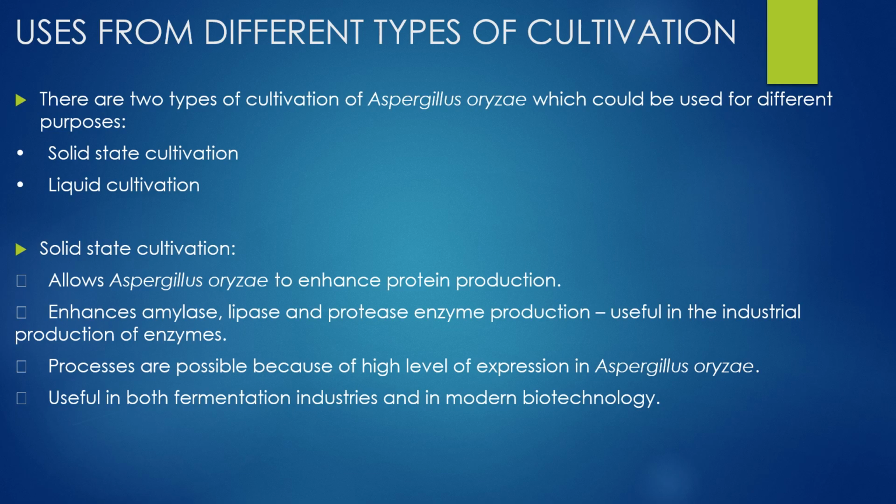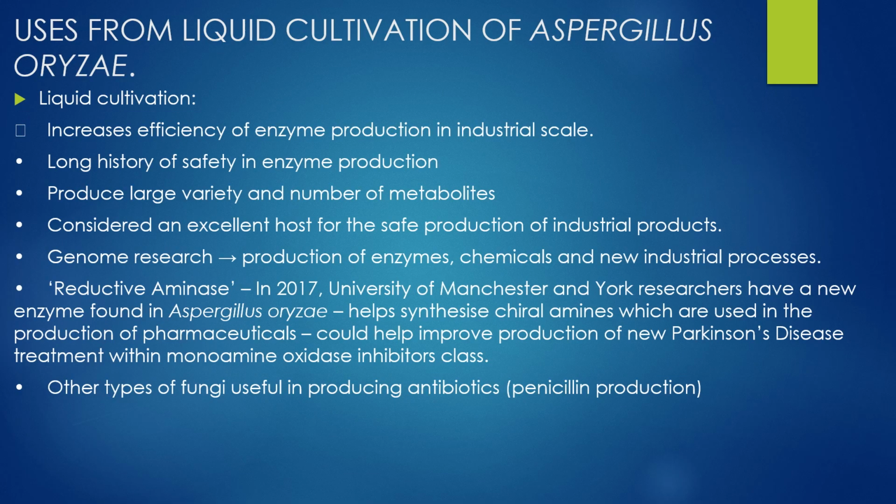Its processes are possible because of the high level of expression in Aspergillus oryzae. It is useful in both fermentation industries and in modern biotechnology. Liquid cultivation increases the efficiency of enzyme production on the industrial scale. It has a long history of safety in enzyme production. It is able to produce a large variety and number of metabolites. It is considered an excellent host for the safe production of industrial products.